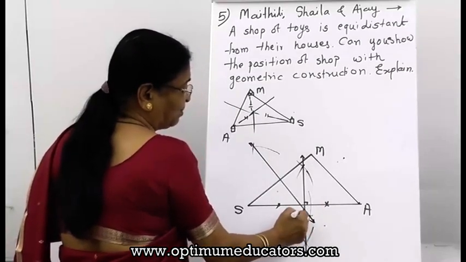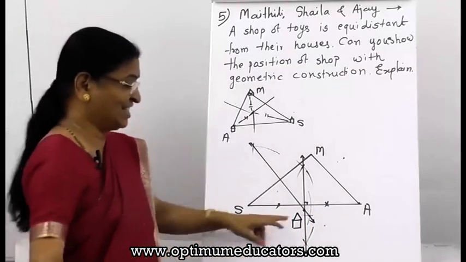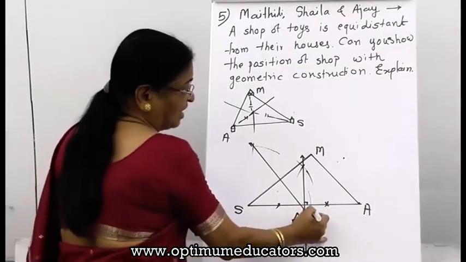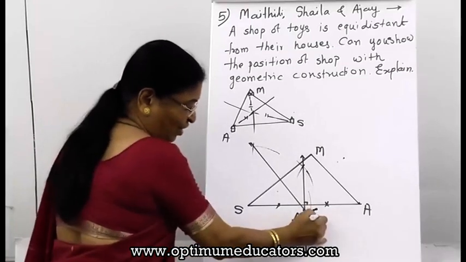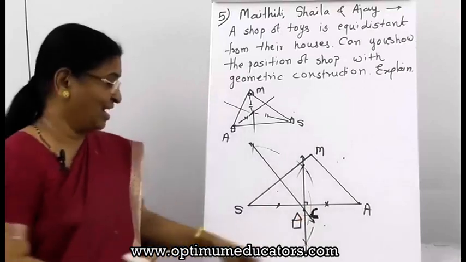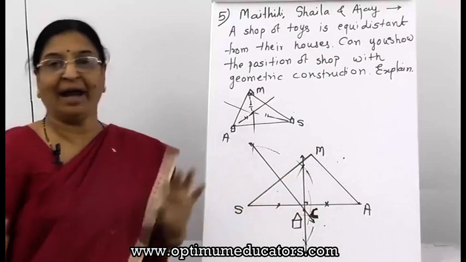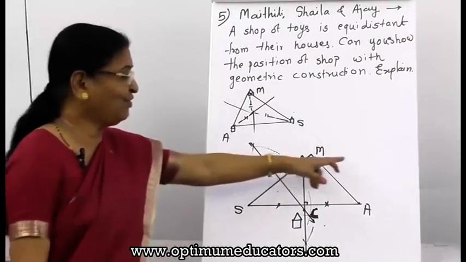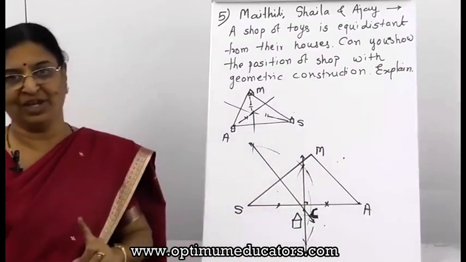So here must be the toy shop. Okay? And here you can say this is the circumcircle. So point C will be here, or the toy shop will be here, which is equidistant from M, A and S also, because if you draw a perpendicular bisector, it will pass through C only.